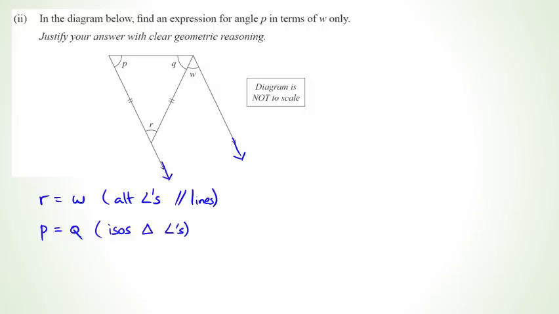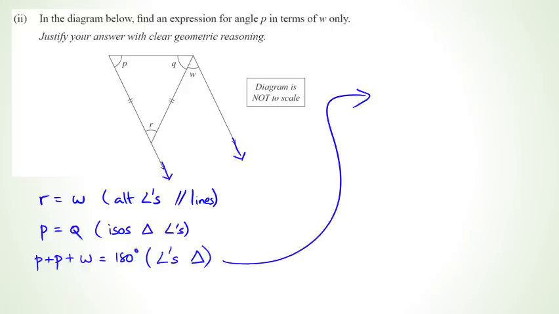So at this point, then you can say P plus W equals 180 degrees because that is angles in a triangle. So what you then have is you've got 2P plus W equals 180 degrees.